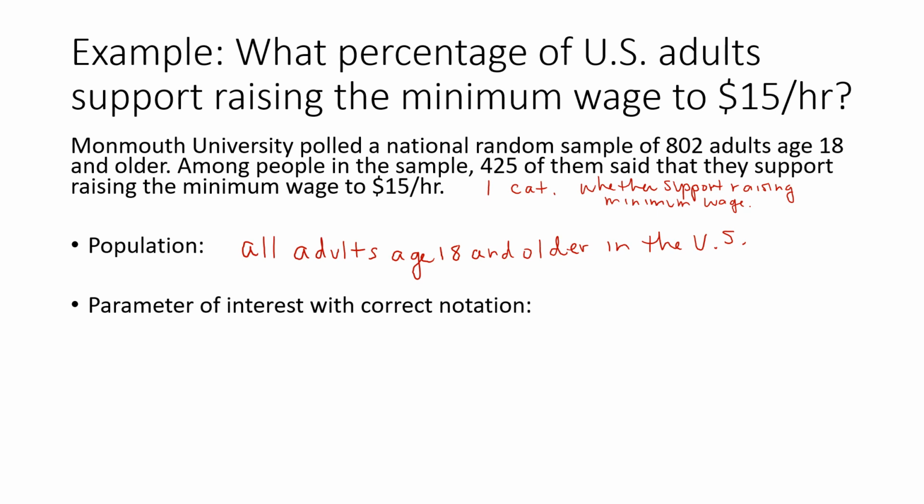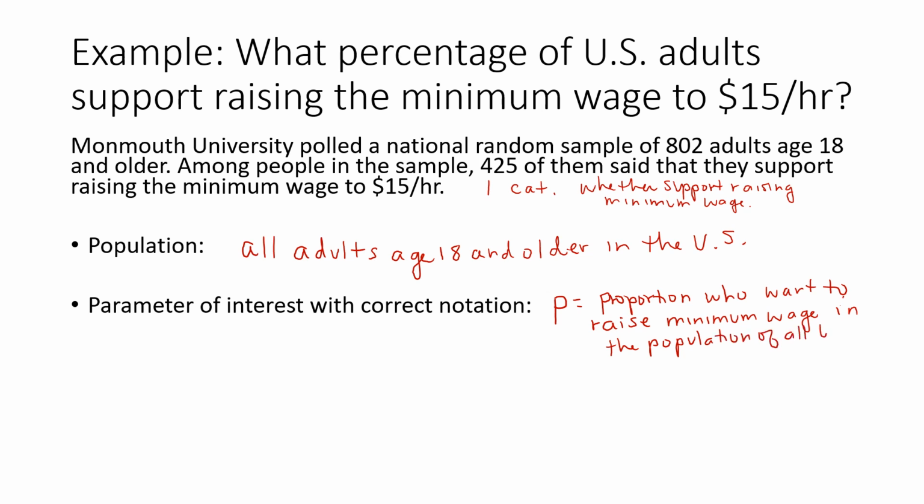With one categorical variable, the parameter I'm interested in is going to be p, the population proportion, and that would be the proportion who want to raise the minimum wage to $15 an hour in the population of all U.S. adults. That's what we're trying to estimate.